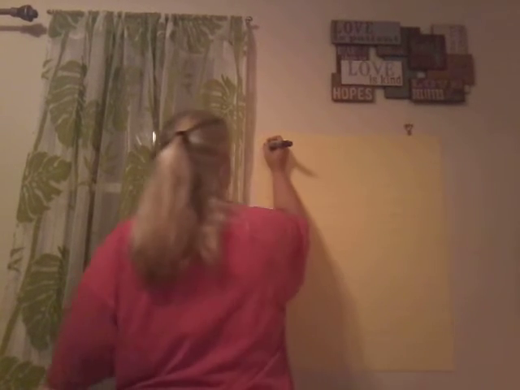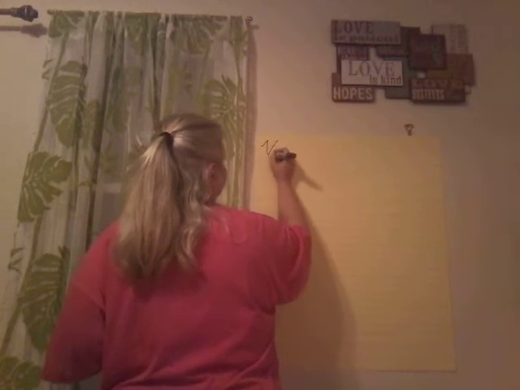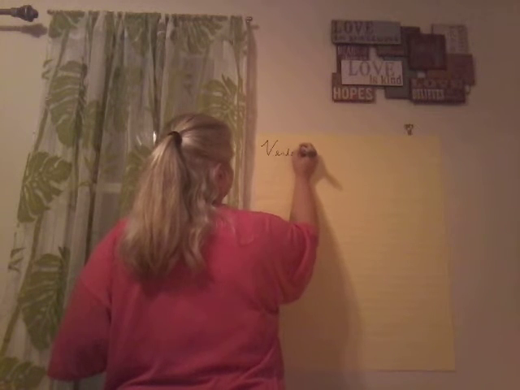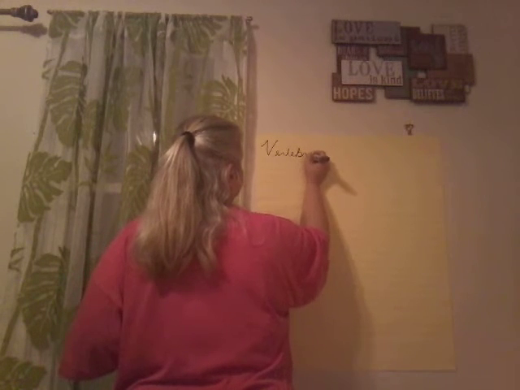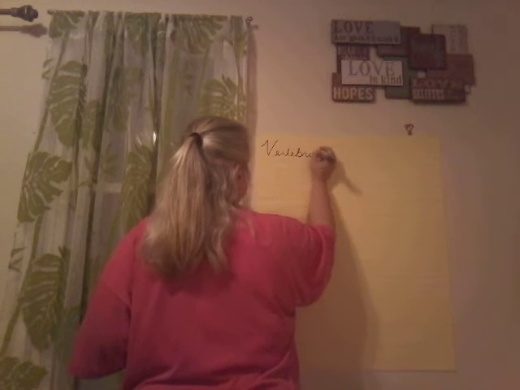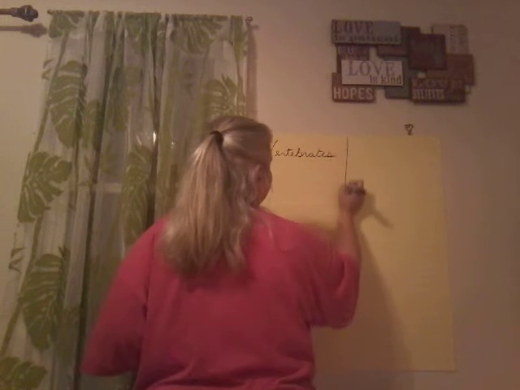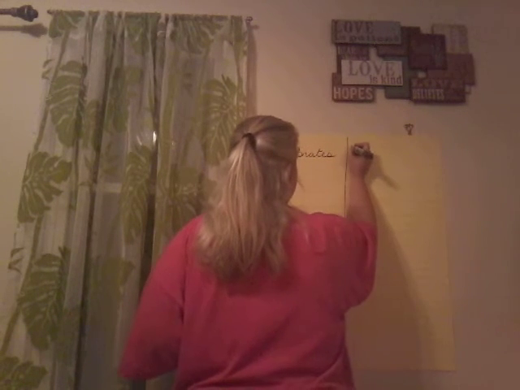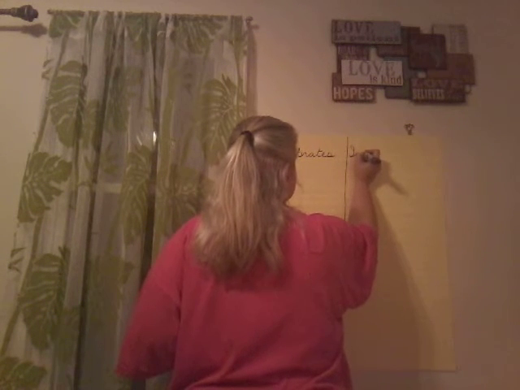So the two biggest groups that scientists separate animals into are vertebrates and invertebrates.